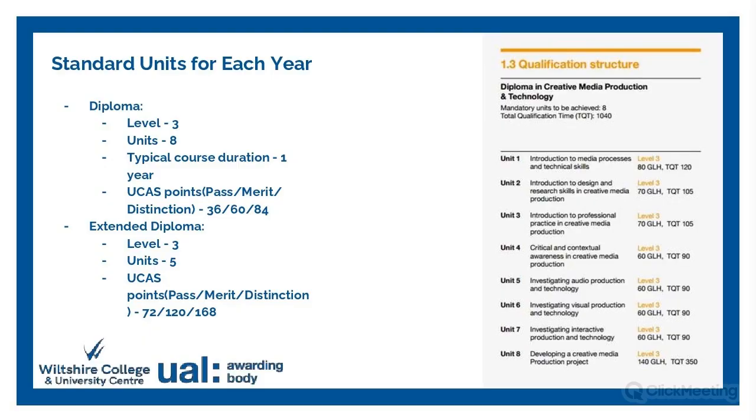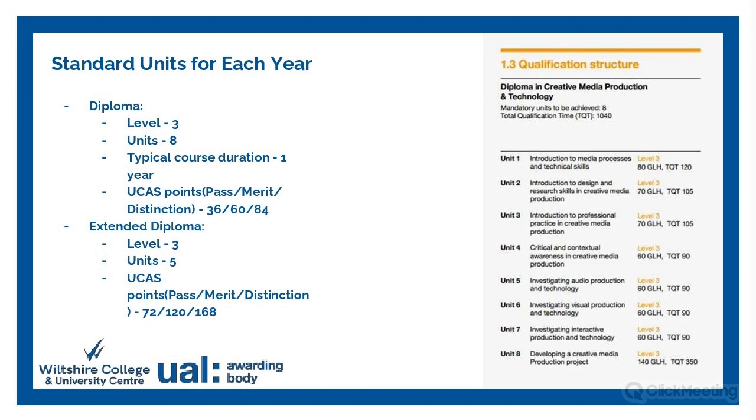So in terms of linking it to UCAS, the diploma level, so that's year one of creative media production. For a pass, you get 36 UCAS points, 60 for merit, and 84 for distinction. So if a student was to leave after achieving their diploma, those are the points that you would get.